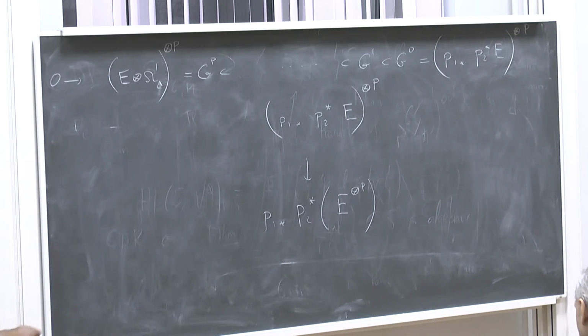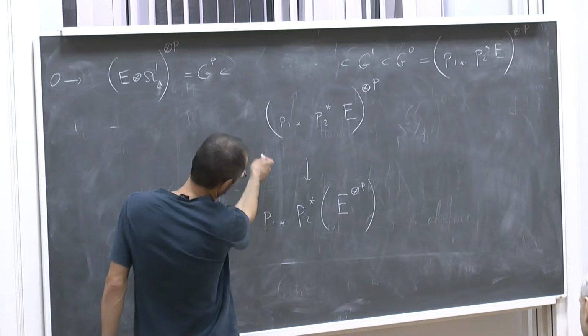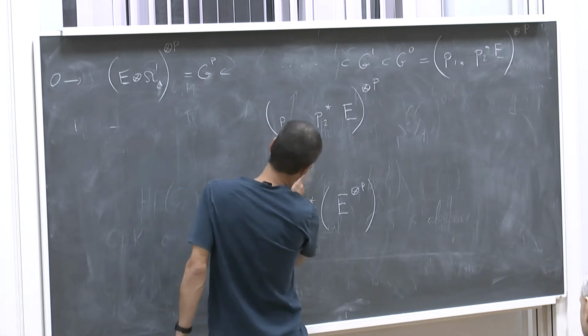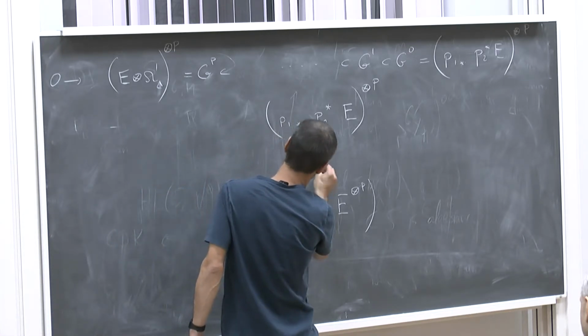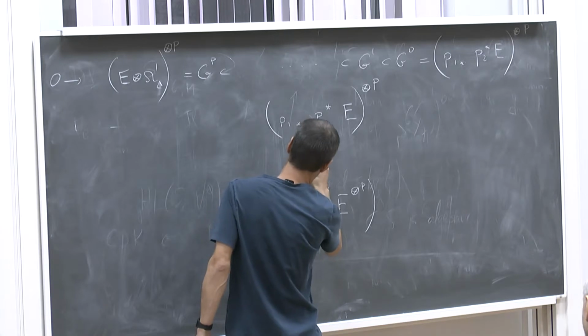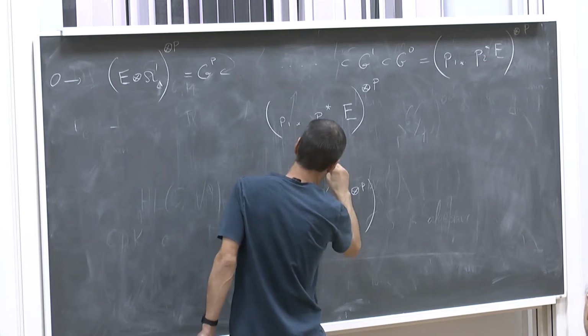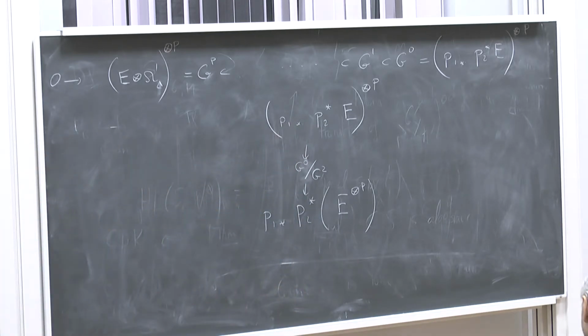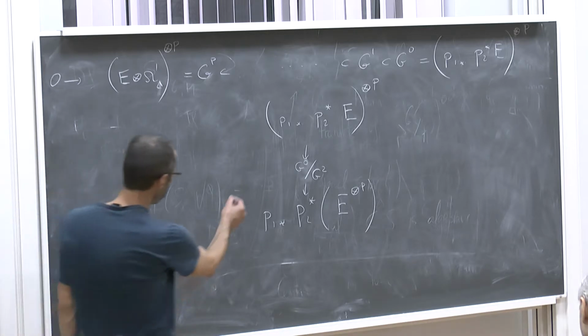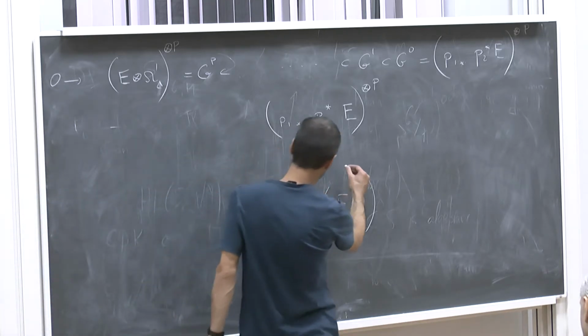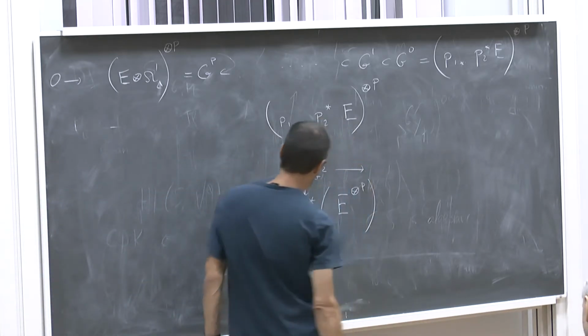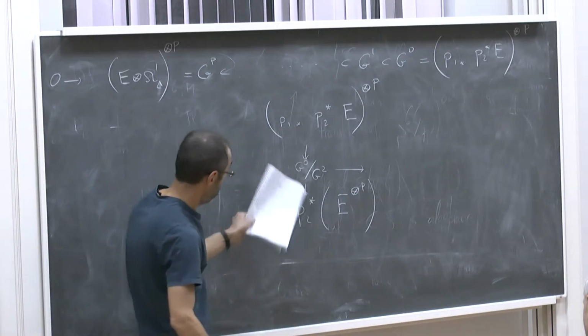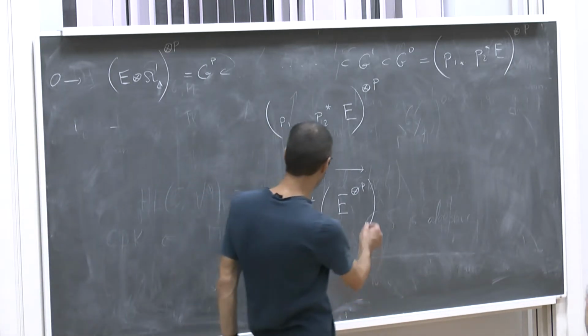The first observation is that because this is a square zero thickening, this canonical map factors through the quotient by G2. It's equal to 0 on G2. And the second remark is that the structure of this quotient is very simple.